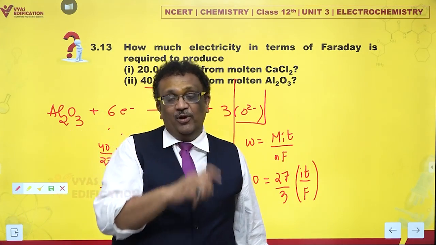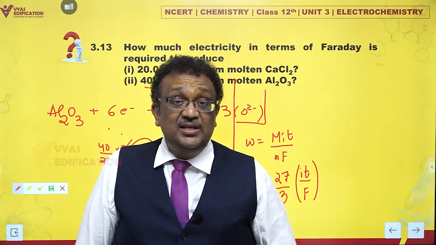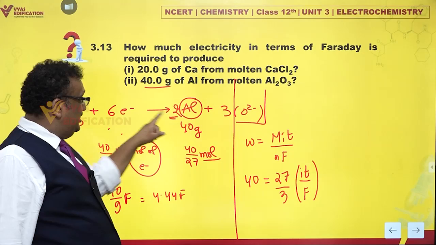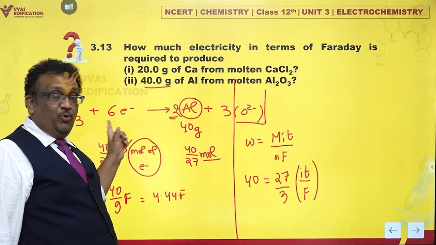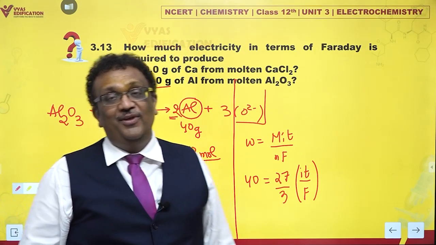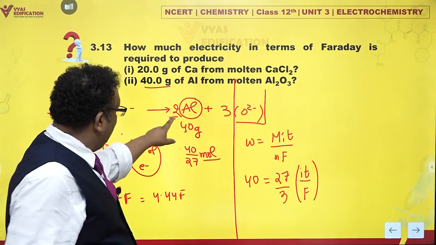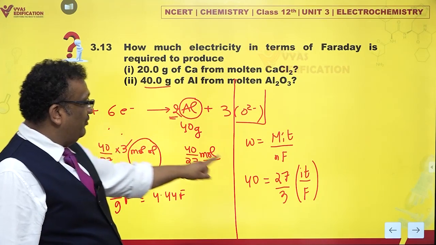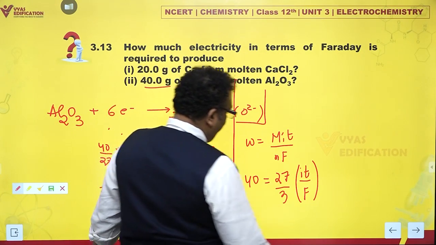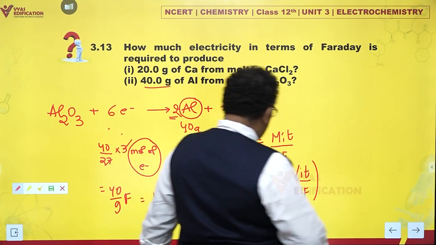If you are trying to calculate n for any species, always in the balanced equation, use 1 mole of that species and see whatever is the number of moles of electrons, that is the value of n only for that species. So for aluminium, the value of n is 3. Got it? Good tip.